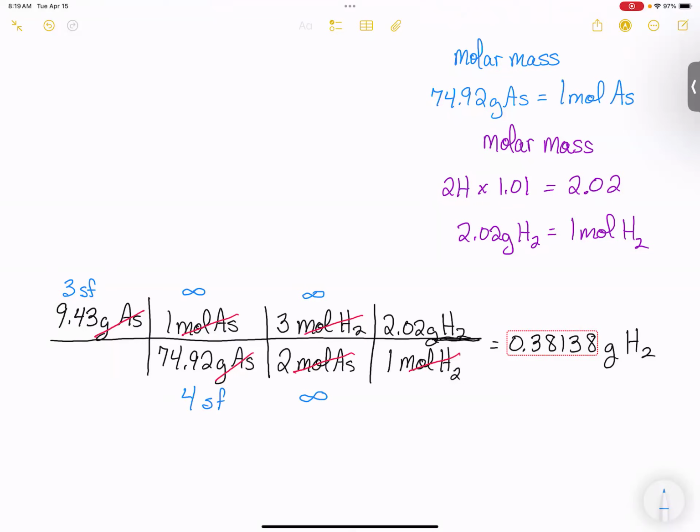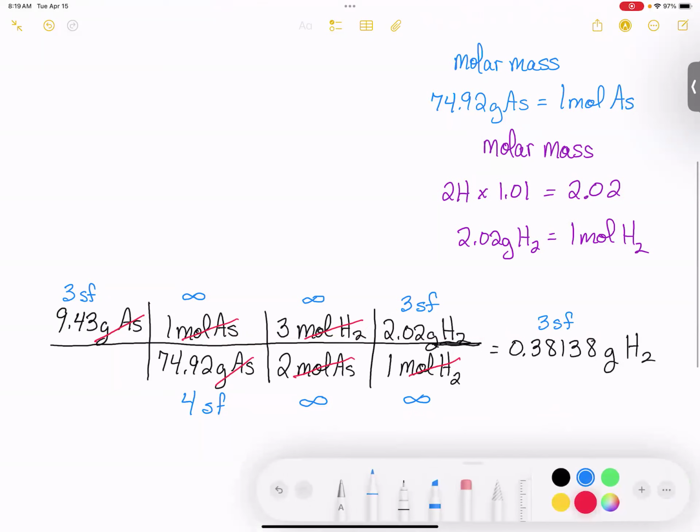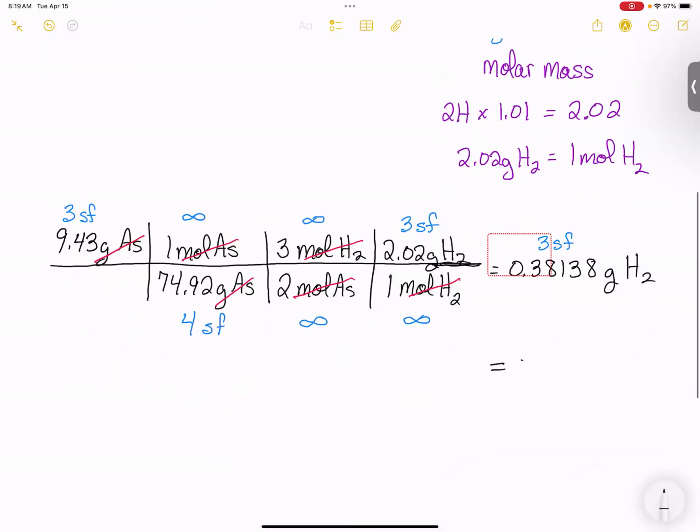The molar mass of hydrogen, the mass portion has 3 significant digits, and the mole portion is again an exact quantity with an unlimited number of significant digits. Since this is multiplication and division, the answer will have the same number of digits as the measurement with the fewest. The measurement with the fewest had 3 significant digits, so we are going to record this answer to 3 significant digits, and therefore we would record our answer as 0.381 grams of hydrogen.